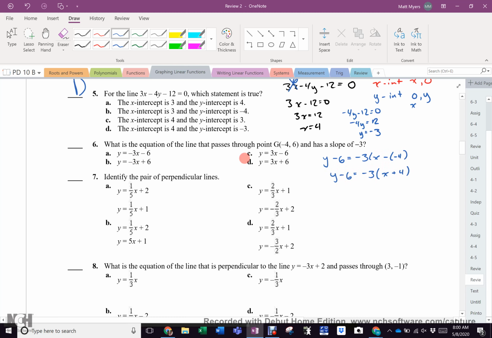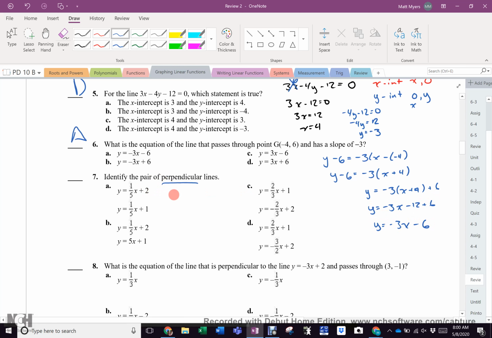Oh, none of them are in that form, so you convert it. Y equals negative 3x plus 4 plus 6. Y equals negative 3x minus 12 plus 6. Y equals negative 3x minus 6. A.